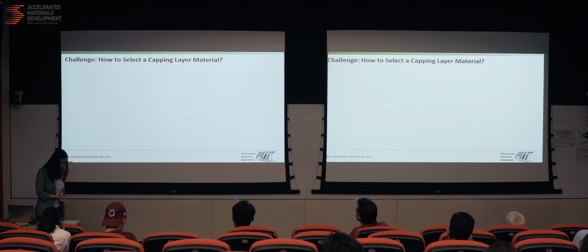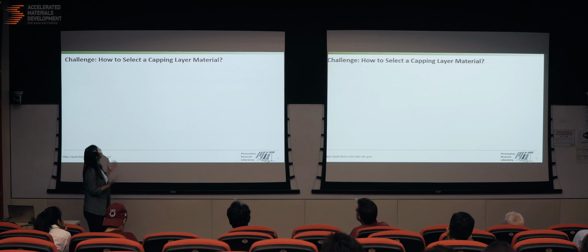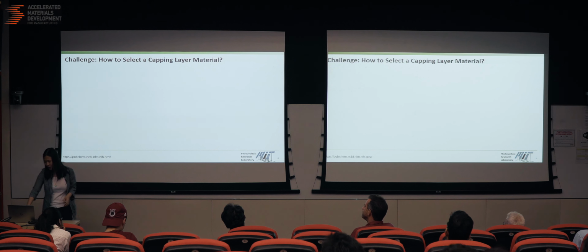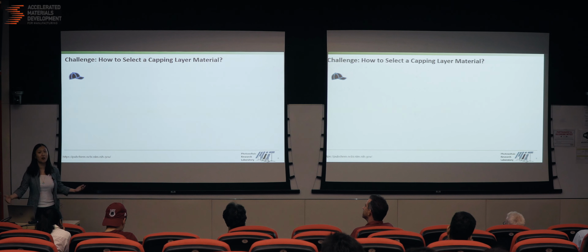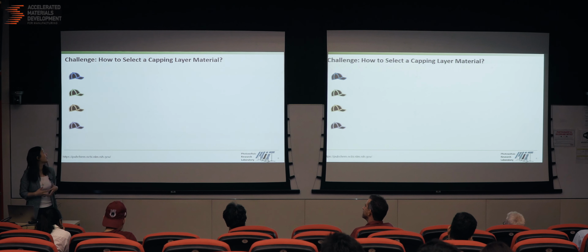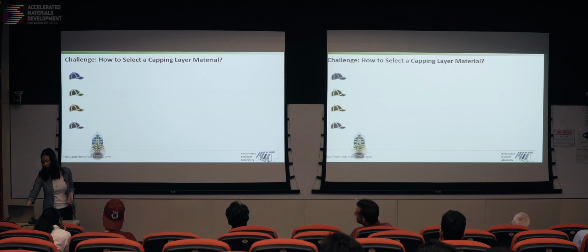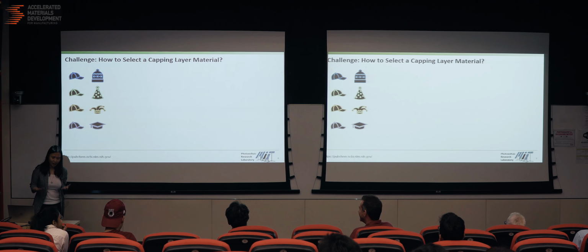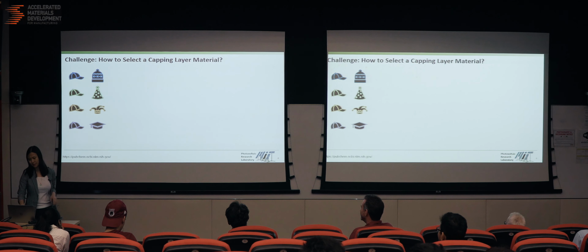So now the challenge comes. How do we actually select a capping layer material? How do we build it? Again, imagine you are in a shop trying to choose a cap. You may soon find yourself in a situation where there are all different colors of caps to choose from. And what is worse, you actually have different forms of caps. It's really hard to choose, as any one of them in particular may fit you perfectly.